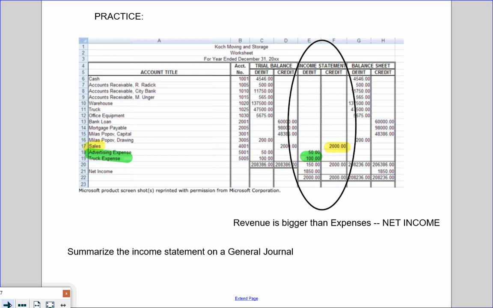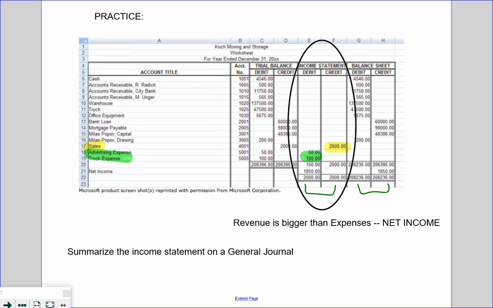So we know that revenue is bigger than expenses, so we write net income. If I go 2,000 minus 150, I get 1,850. So if I debit 1,850 on the income statement, I have to credit 1,850 on the balance sheet. By doing that, I get the same number here and the same number there.